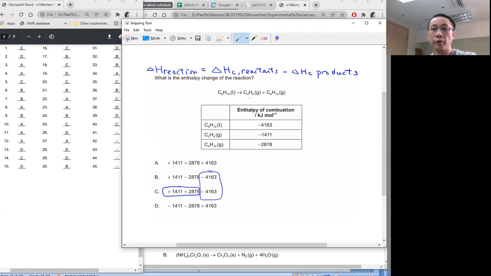The energy change of a chemical reaction is independent of the path taken. So the imaginary path that we can take is two hypothetical reactions of first combusting the reactants to form oxides such as carbon dioxide and water.